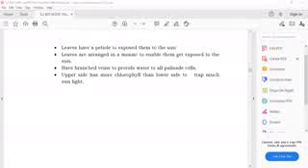Does anyone know what we mean by mosaic leaf arrangement? Yes?